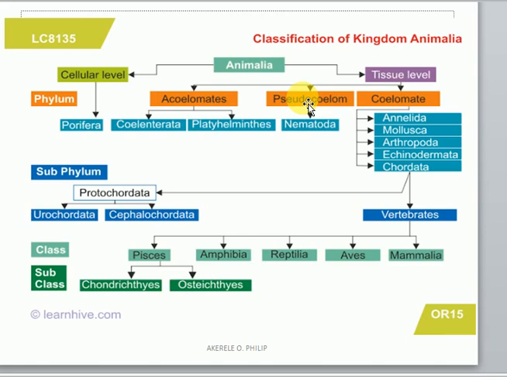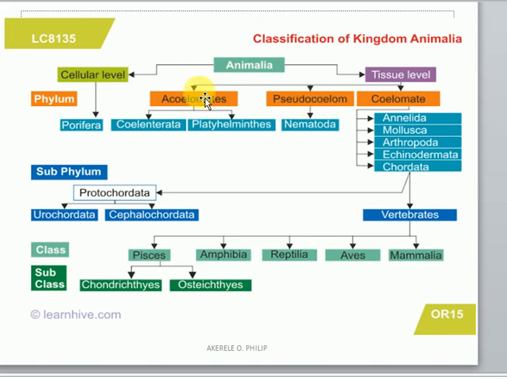If an organism is triploblastic, we have ecto, meso, and endoderm. All right. Now, any organism that has a coelom, which is called coelomate, has its cavity within the mesoderm. But pseudo means false coelom, where the cavity is between mesoderm and endoderm. All right. So that is what this means.